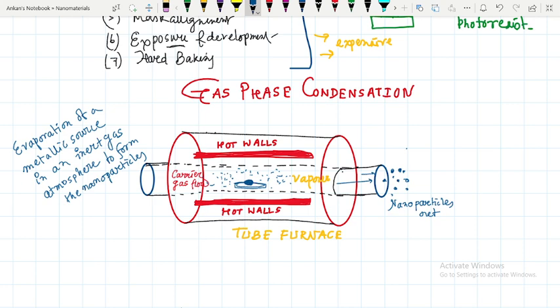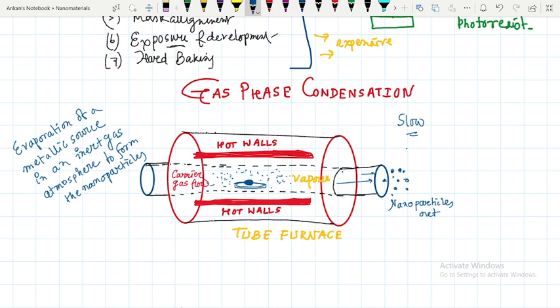So these are some certain advantages of gas phase condensation, but it also has some disadvantages. The process is very old, and it is a very slow process, okay, and besides, the aggregation of particles presents a problem in this process.